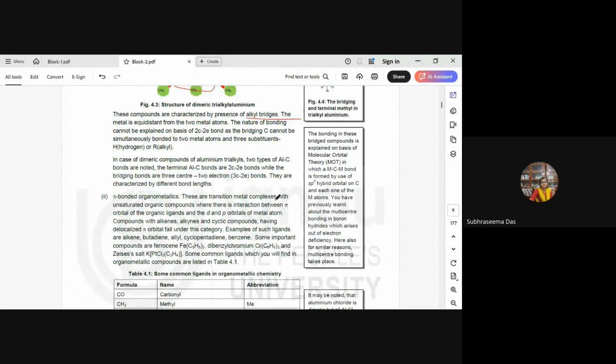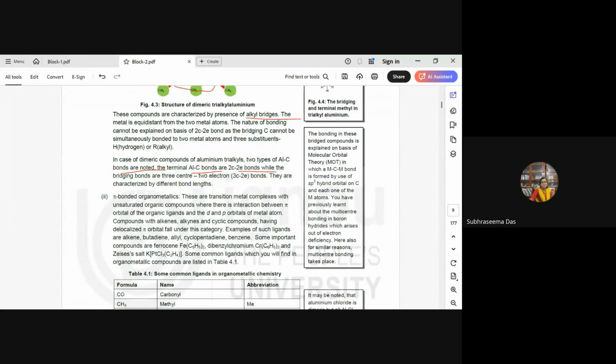So in dimeric compounds, two types of aluminum carbon bonds are noted: the terminal aluminum carbon bonds, which are 2C2E bonds, while the bridging bonds are three centered two electron bonds. So in such cases, different types of bonding are observed.